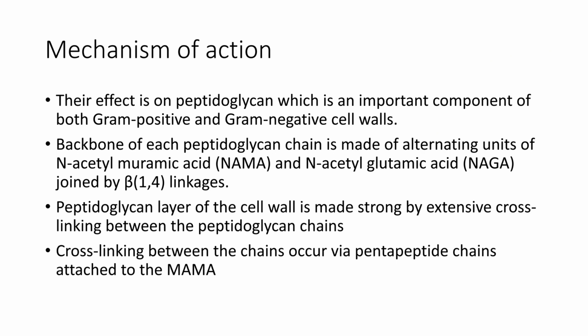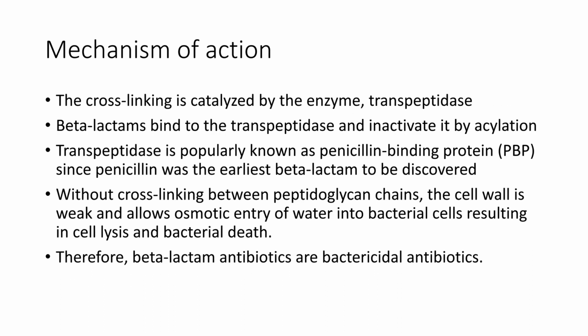In detail: peptidoglycan is an important component of both gram-positive and gram-negative cell walls. The backbone of each peptidoglycan chain is made of alternating units of N-acetylmuramic acid and N-acetylglucosamine, joined by beta-1,4 linkages. The peptidoglycan layer of the cell wall is made strong by extensive cross-linking between the chains. Cross-linking occurs via pentapeptide chains attached to the N-acetylmuramic acid, and is catalyzed by the enzyme transpeptidase.